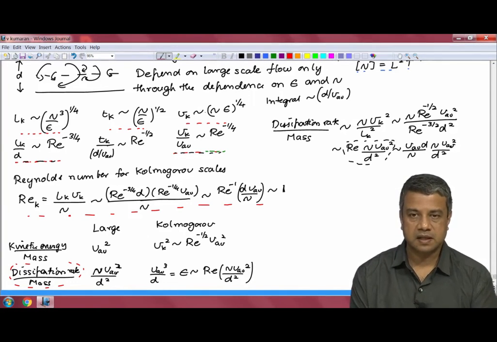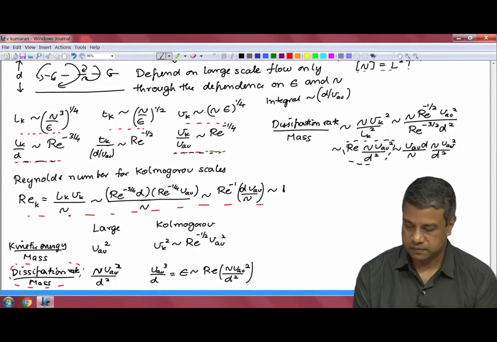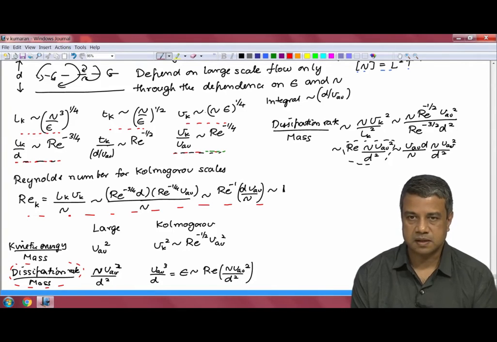However, the dissipation rate in the small scales is much larger than the dissipation rate in the large scale flow. It goes as Reynolds number times the dissipation rate in the large scale flow.